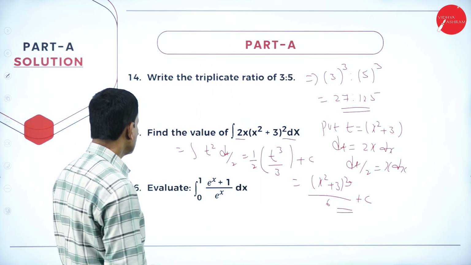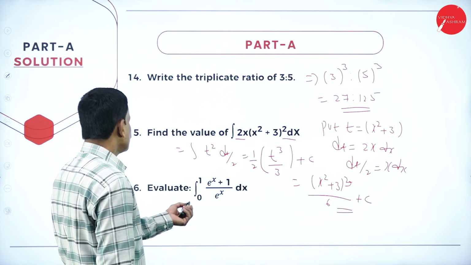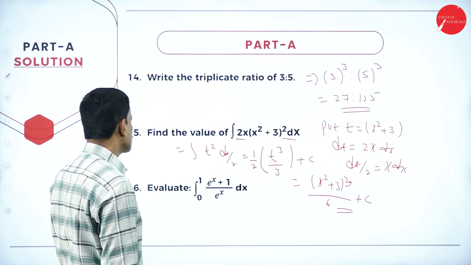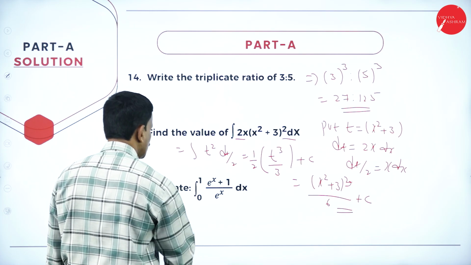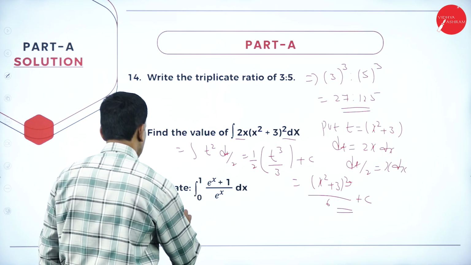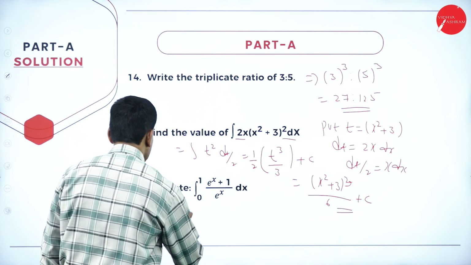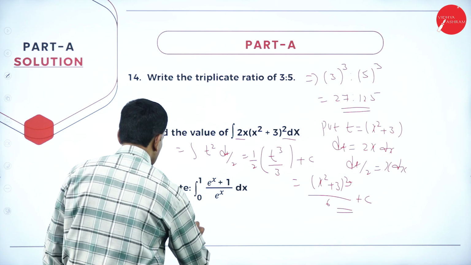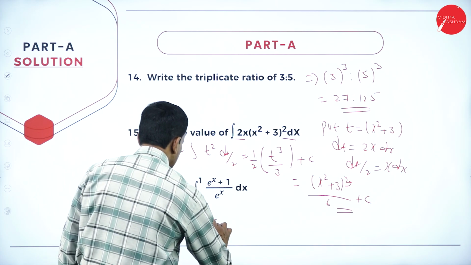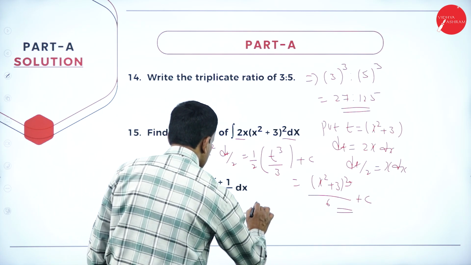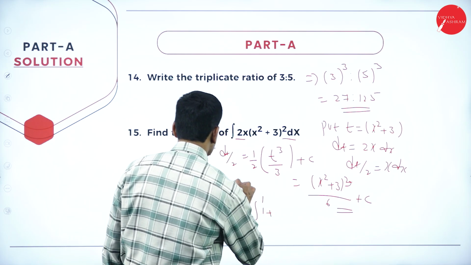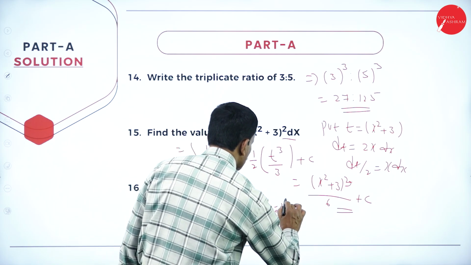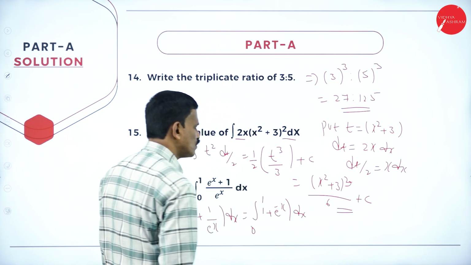Last problem: integral from 0 to 1 of (e power x plus 1) divided by e power x. If you want, you can integrate by the method of substitution or term by term division. So integral from 0 to 1 of e power x by e power x plus 1 over e power x dx. This is nothing but e power x by e power x is 1, plus 1 over e raised to x, which when taken to the numerator becomes e raised to minus x.